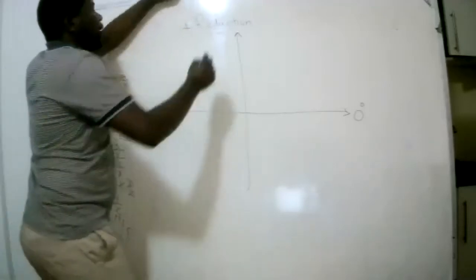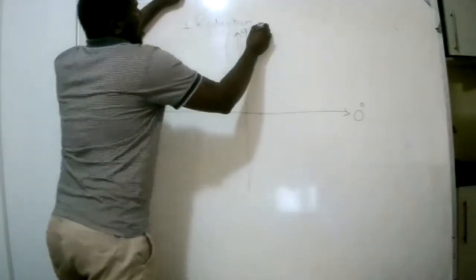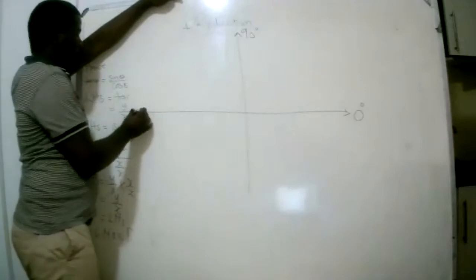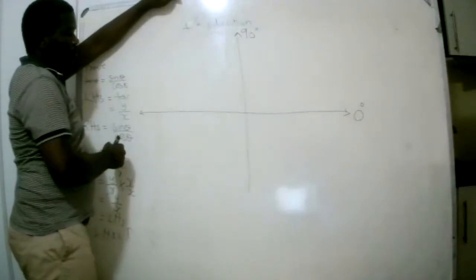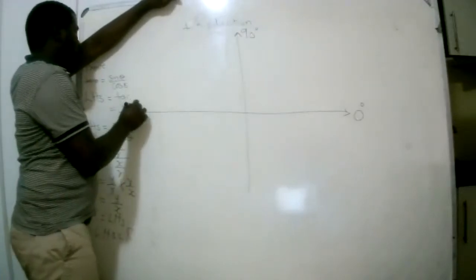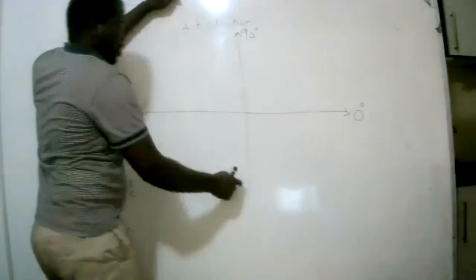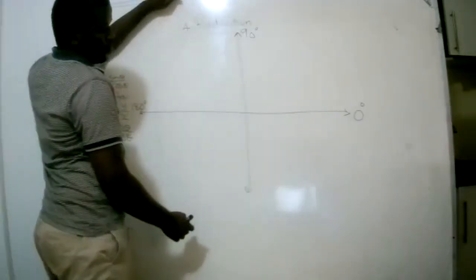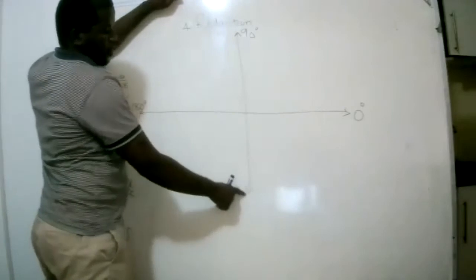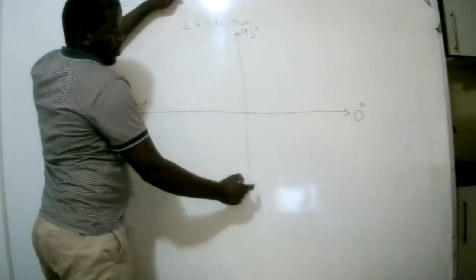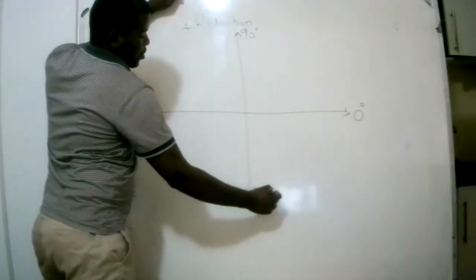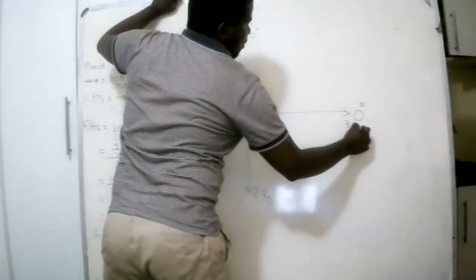Is 90 degree. Yes, very true. And then here, what angle do we have? 180. It's 180 degrees. And then down here, what do we have? Is 270, right?